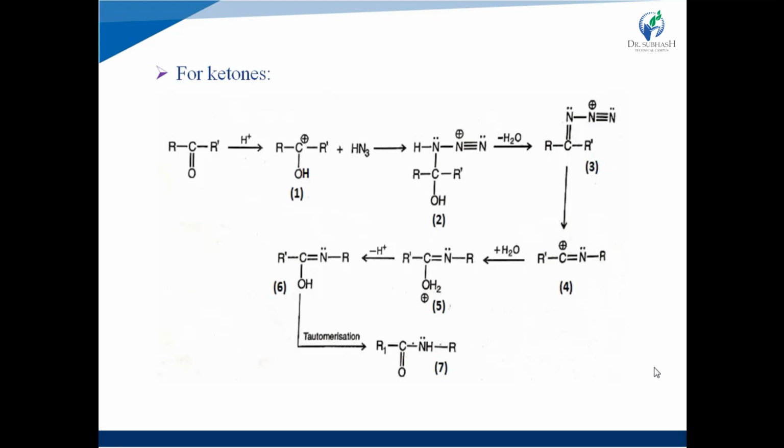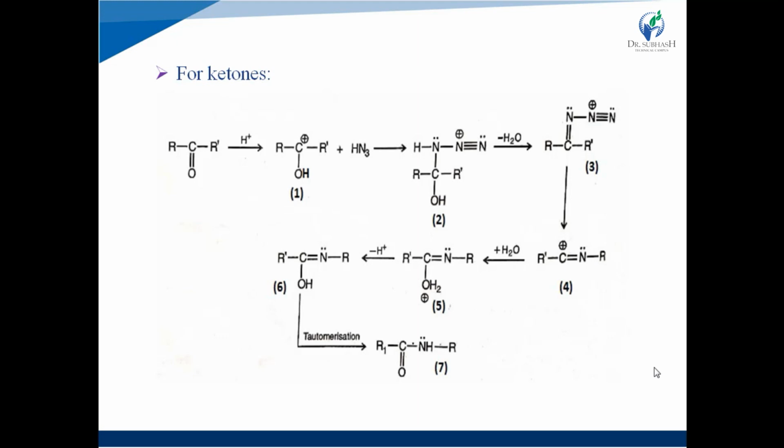Out of them, 1 hydrogen is removed in the form of H plus and it gives the electrons to the oxygen and forms the neutral OH group and forms intermediate 6. Now this intermediate 6 undergoes tautomerization and forms the product amide, that is, structure 7 is the amide.